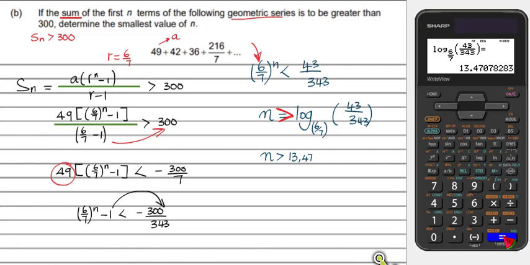So what are the natural numbers greater than 13.7? The first one is 14, then comes 15, then comes 16, and so on. 14 is the smallest. So they say determine the smallest, so the smallest is 14. Therefore, n equals 14.